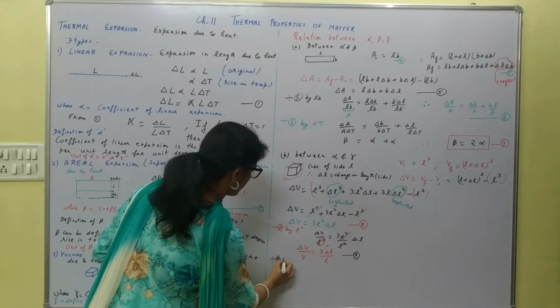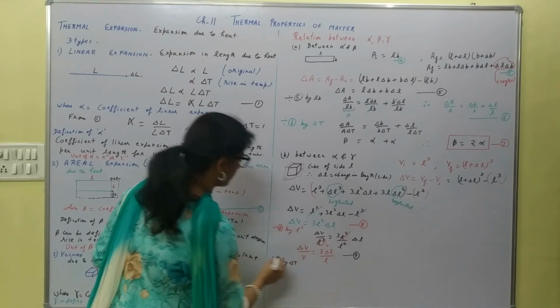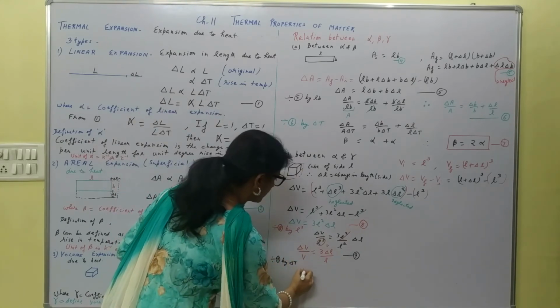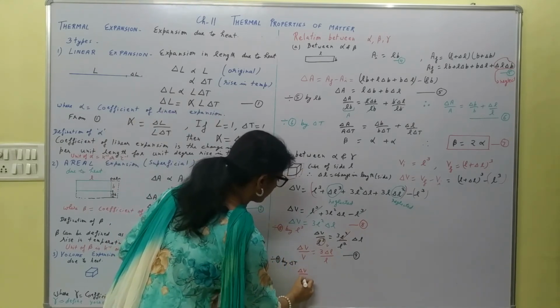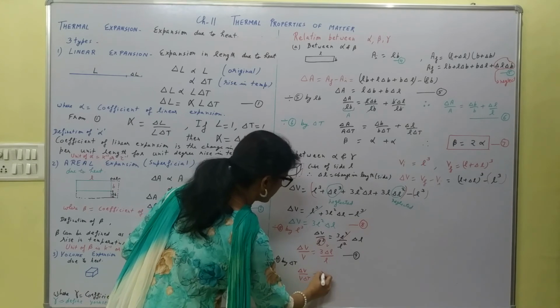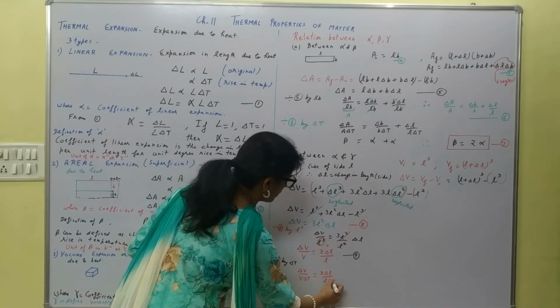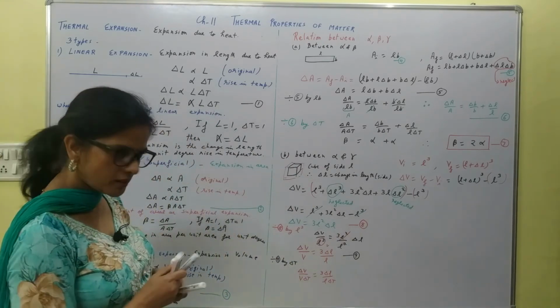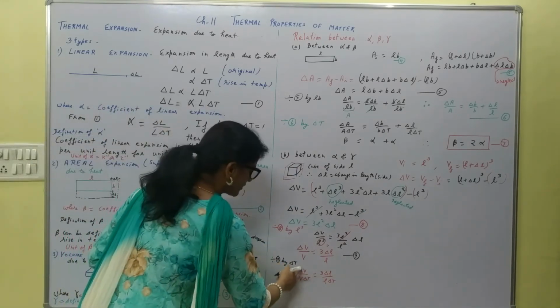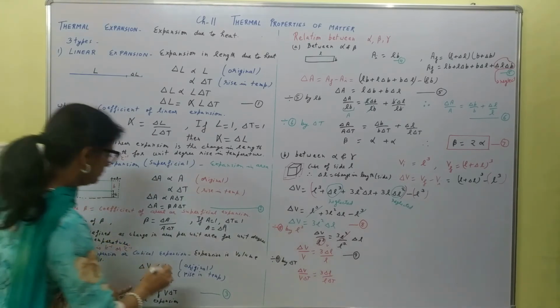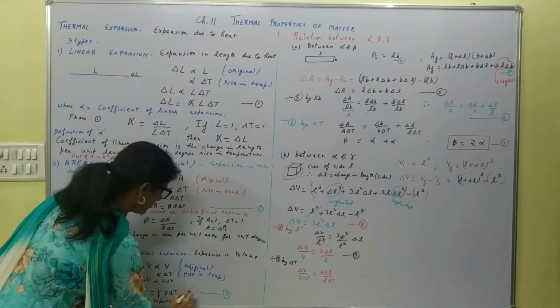If I divide this equation by delta T, what will I get? Delta V upon V delta T on left side, and this is 3 delta L upon L delta T on right side. So what is this? This is change in volume upon original volume into delta T. So gamma is what?